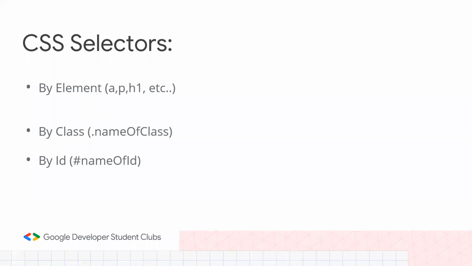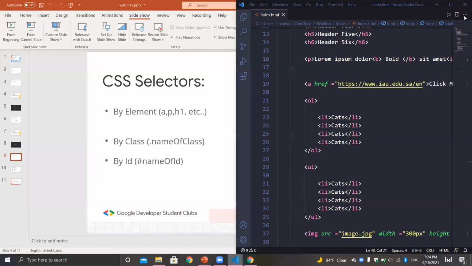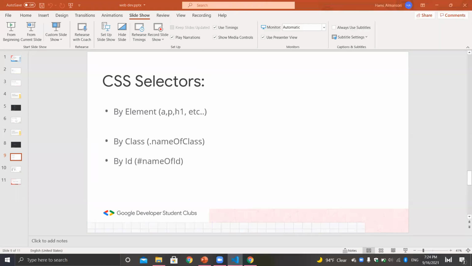Okay. So now CSS selectors. How do you select items from CSS? You can select items by their elements, like I showed you before. We've got A for the link, P for paragraph, or any other elements. Or you can select items by their class. So for example, let's choose this header.